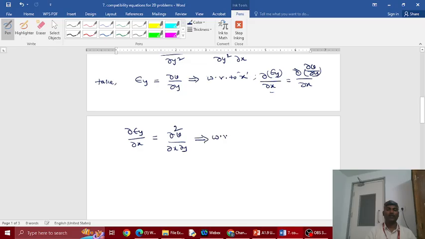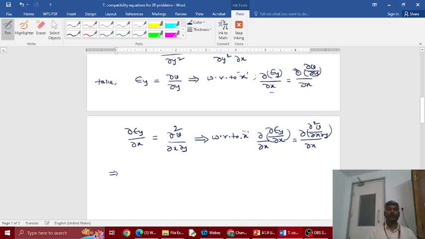Again, you partially differentiate with respect to x, which means ∂/∂x of ∂epsilon y/∂x equals ∂/∂x of ∂²v/∂x∂y.